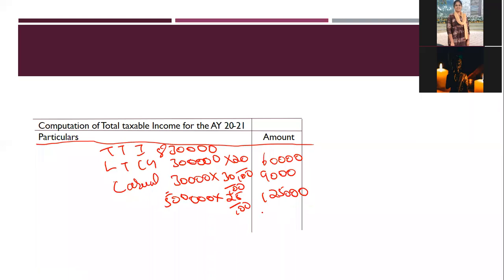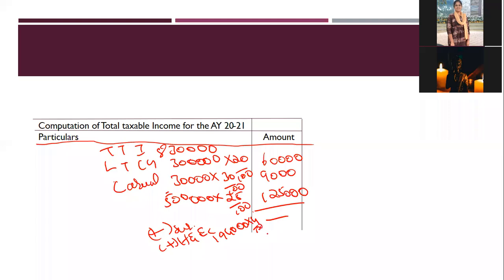Clear? Okay. So now on this total plus surcharge. Are we applicable for surcharge here? No, because the total income doesn't exceed 1 crore. No surcharge. So plus health and education cess. On this total, what is the total of tax value? That is 1,25,000 plus 60,000 is 1,85,000. 1,85,000 plus 9,000 is 1,94,000, into 4%.